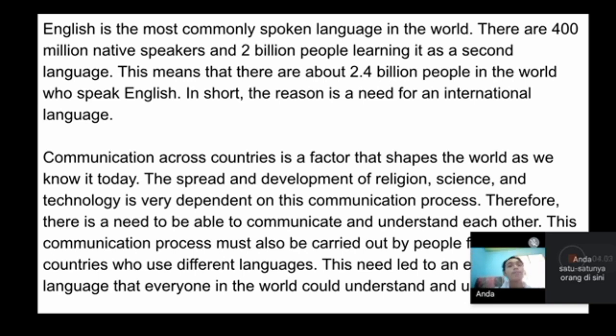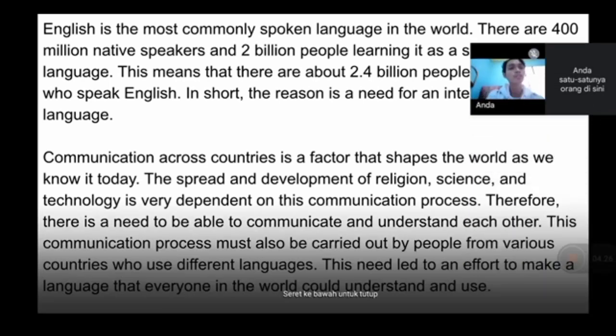That is omitted. And in short, the reason is a need for an international language. It's the same; actually "a" should be omitted before "need". So it could be "the reason is international language need."